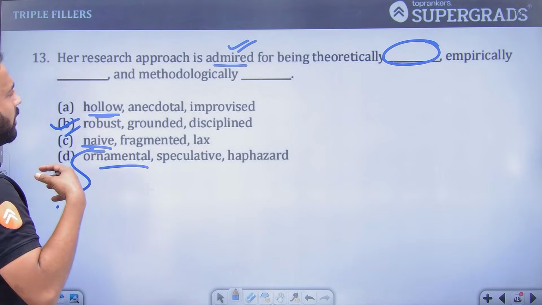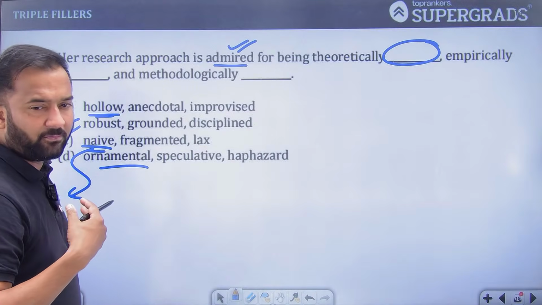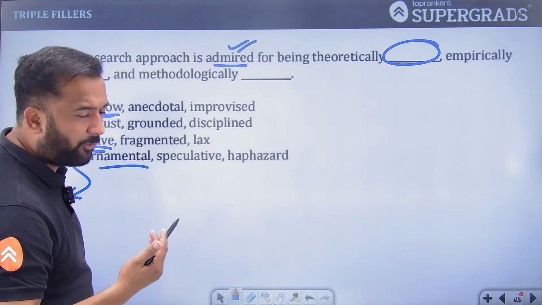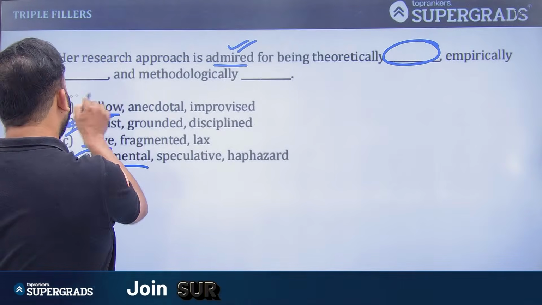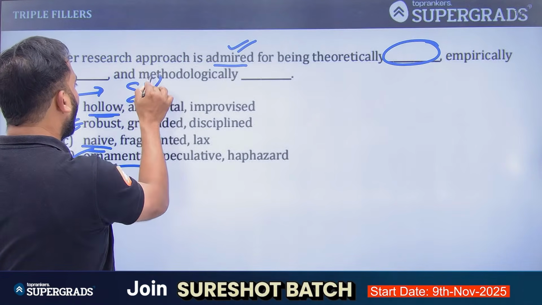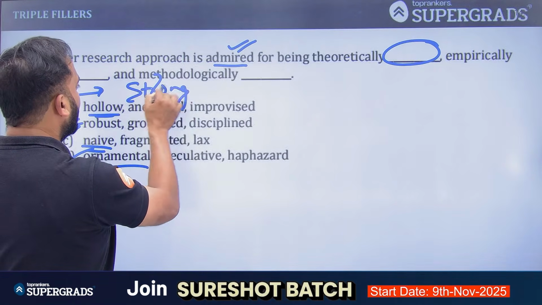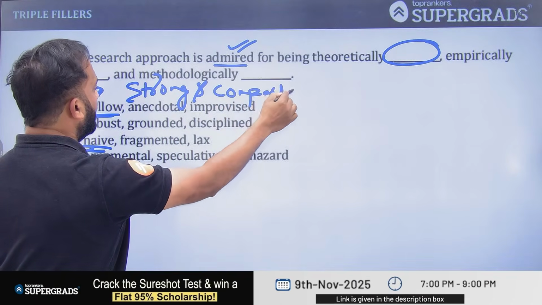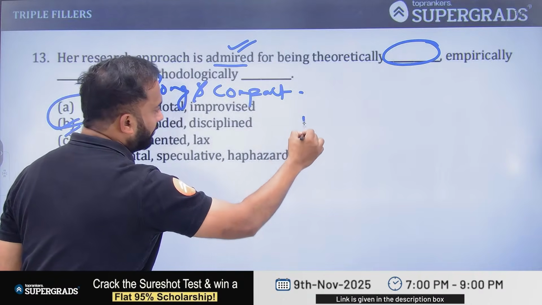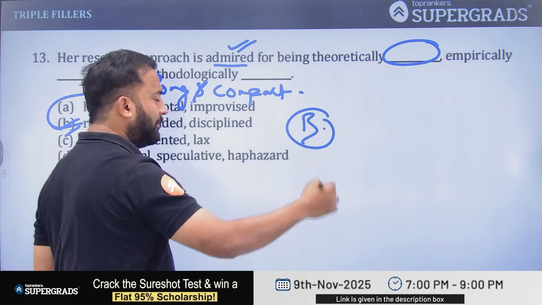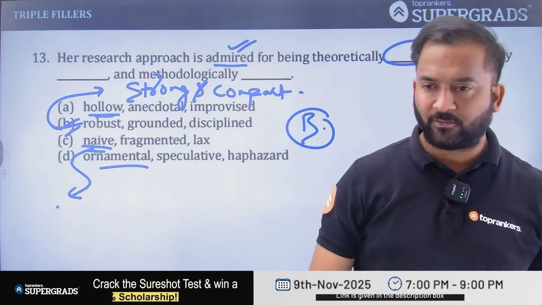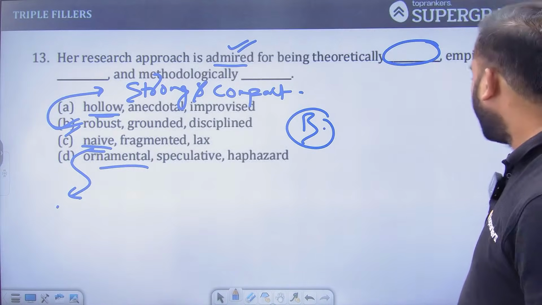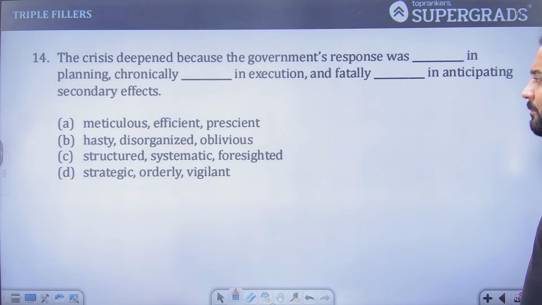So अगर कोई रिसर्च कर रहा है, so you don't expect कि वो नाइव होगा. Robust is strong, strong and compact. So again, option B is the correct answer to this question, students. Next question पे आते हैं, that is question number 14, guys.